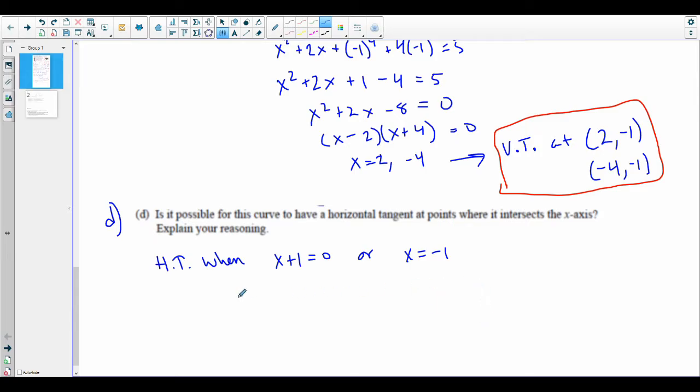Now, in order to intersect the axis, we would also need y to be equal to 0. We don't know if this point, negative 1, 0, is on the curve. So in order to test it, we're going to plug it into the original equation for the curve.